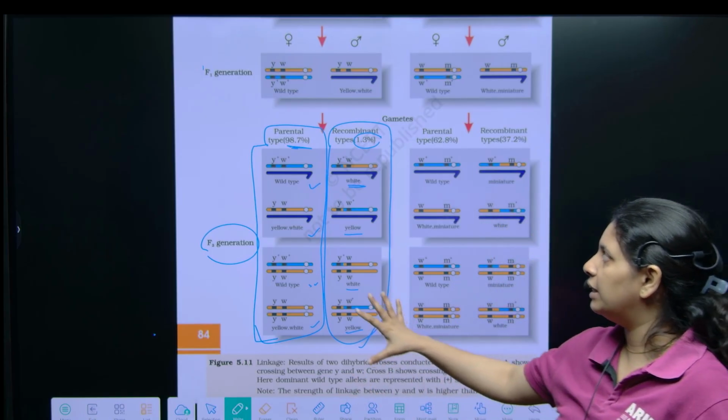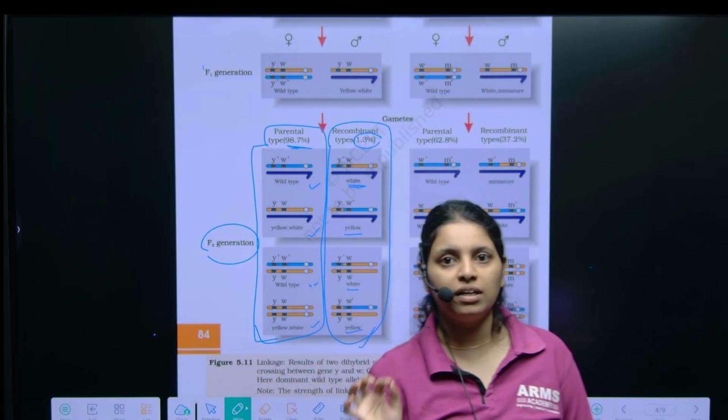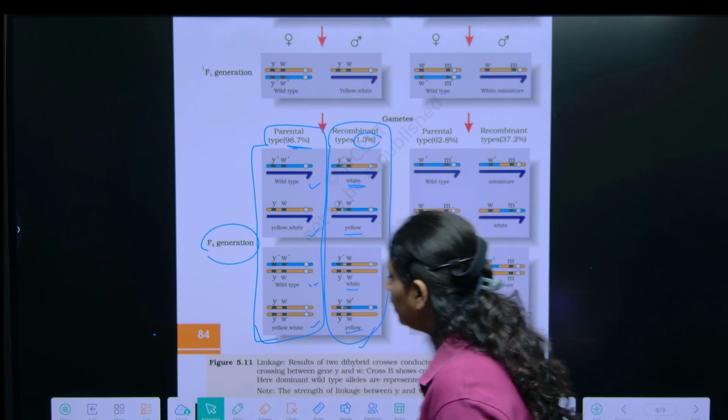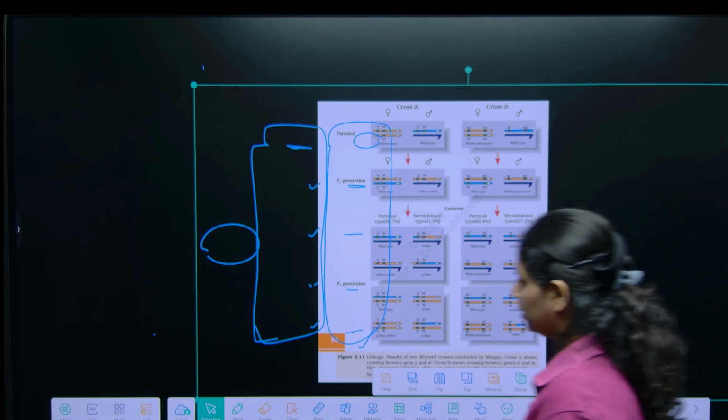Now, the way we carried out the entire dihybrid cross, considering body color and eye color in Drosophila, in the same way you can take other characters like here. Let's erase this.